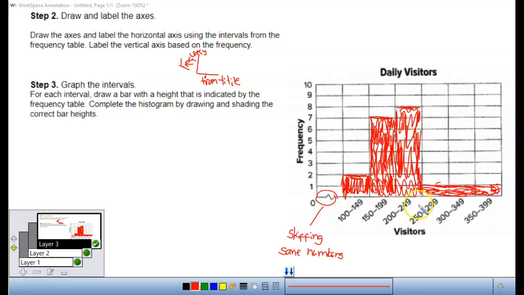So if you notice, I filled out my graph. There are no spaces. There's no zeros because they all had at least one person in them. Let's just summarize real quick. This wasn't part of your notes, but let's go ahead and do it.